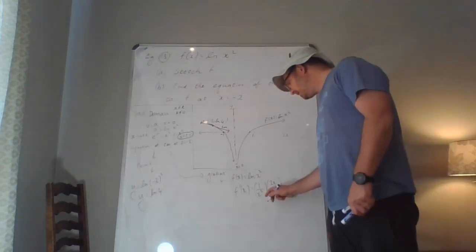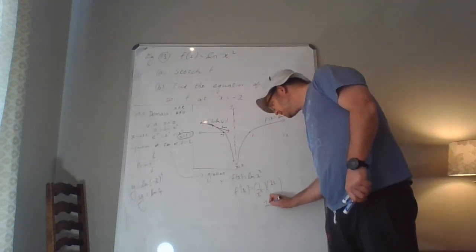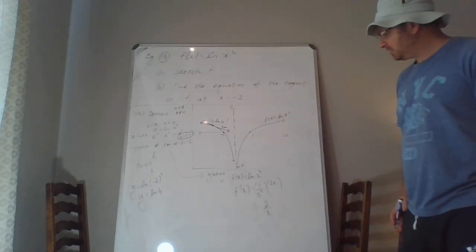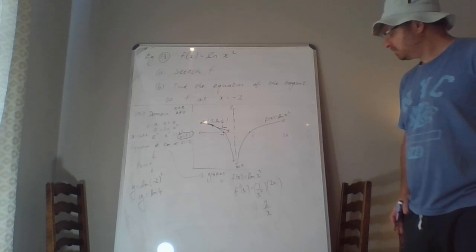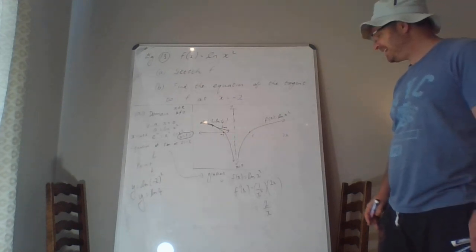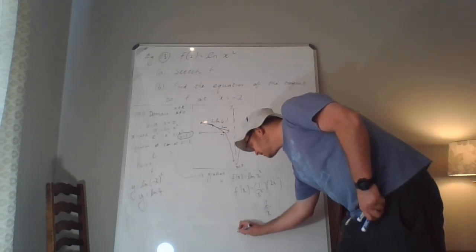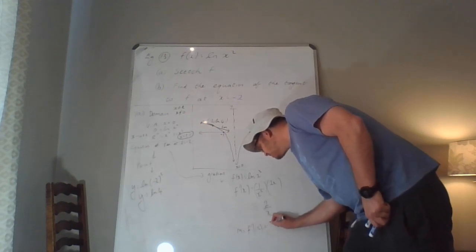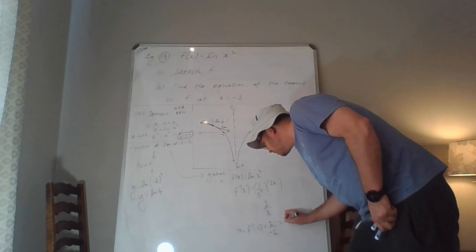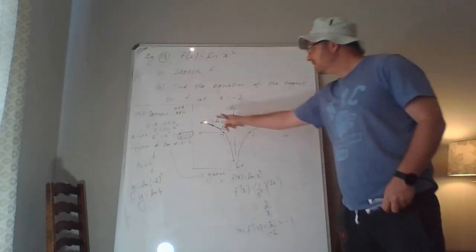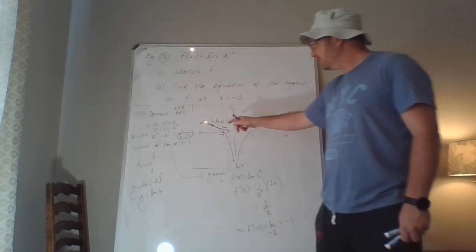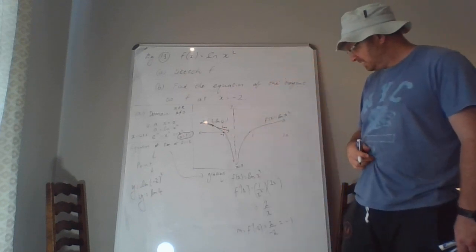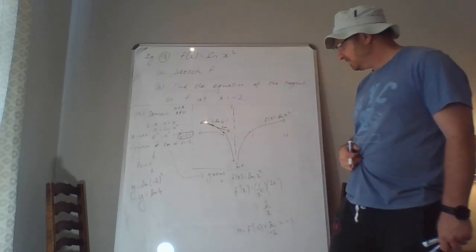Okay, and you end up with 2x over x squared, which is 2 over x. So your derivative equation is 2 over x, but we want to find the gradient at x is equal to -2. So the gradient is equal to f dashed of -2, which is 2 over -2, which is -1, and that looks good, because the function looks like it's decreasing. It must be going left to right down, okay.